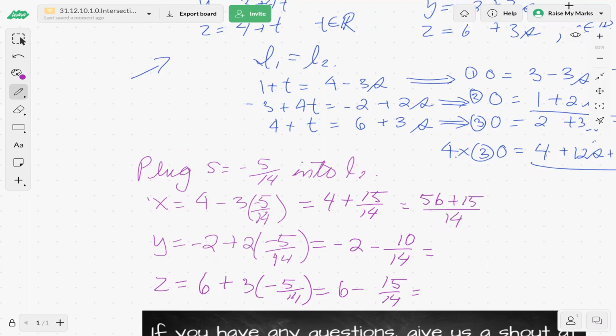And finally, 6 times 14 is 84, minus 15, over 14. Oh, sorry, 6 plus 71 over 14. Good.